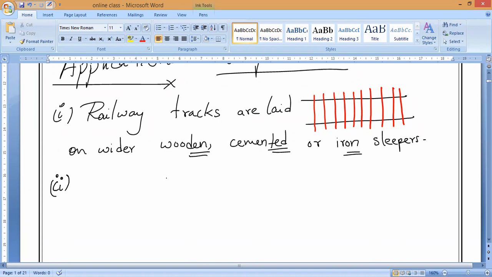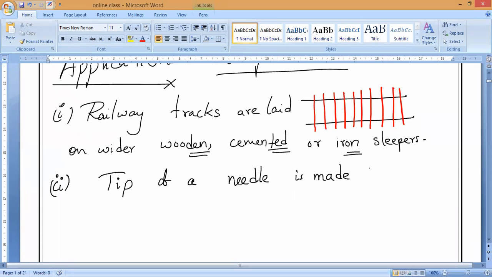Now, the second one, in our daily life. Your mother uses needles, safety pins and so on. We also use safety pins. Is the tip of the safety pin very sharp or blunt? Sharp, sir. The tip of a needle is made very sharp.